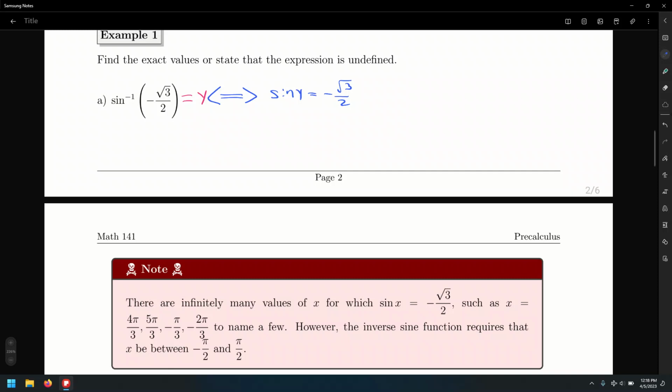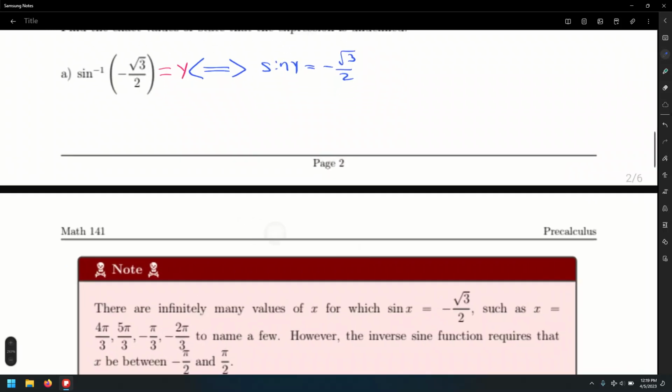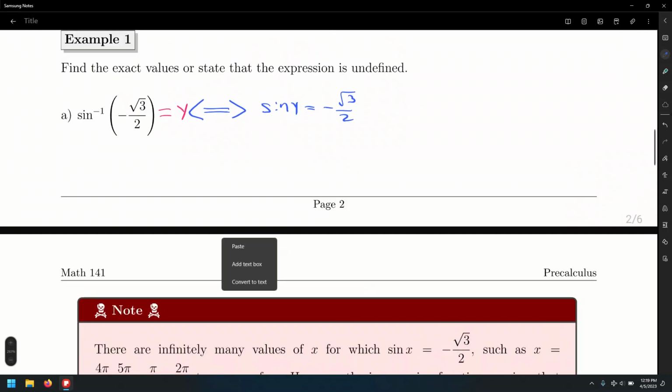So if you are at a location where sine equals negative root of 3 over 2, at 2 pi, a whole rotation, you're going to fall on the same point again. A second rotation, same point again. A third rotation, and so on, whether you do it counterclockwise or clockwise, in the negative direction. That's what we looked at when we learned this for the first time.